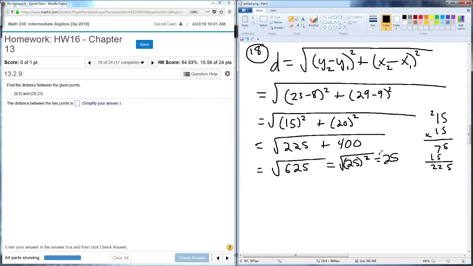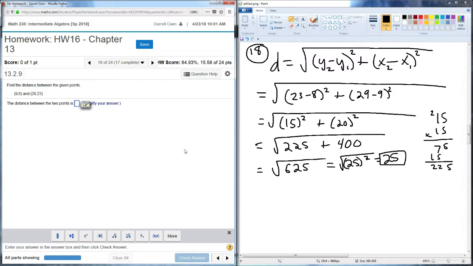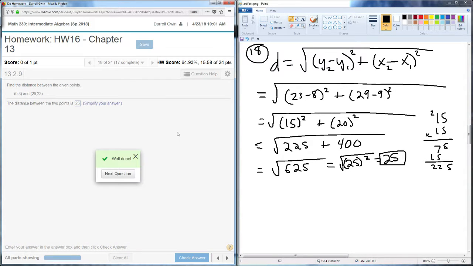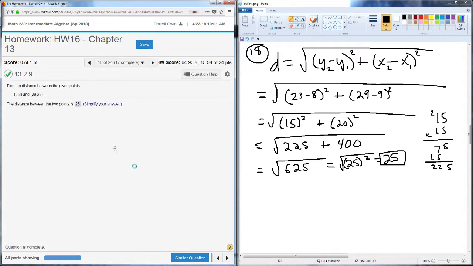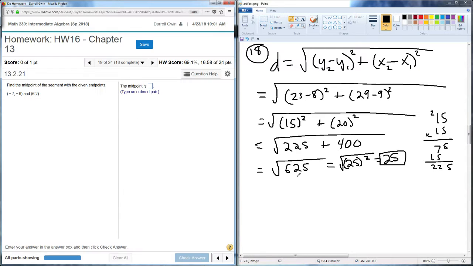Now, it's pretty important that we know how to figure out what the 625 is. So if you didn't know that 625 is 25 squared, you would prime factorize this. Okay? 625 is clearly divisible by 5 because of the 5 right there. So you put a 5 right here. 5 times what? It's 5 times 125.